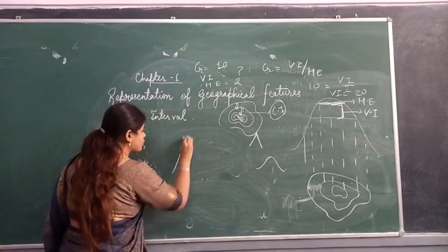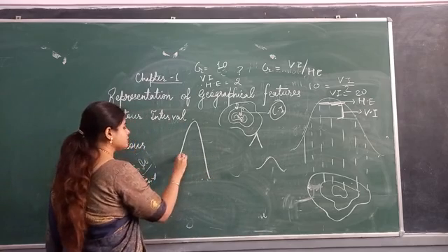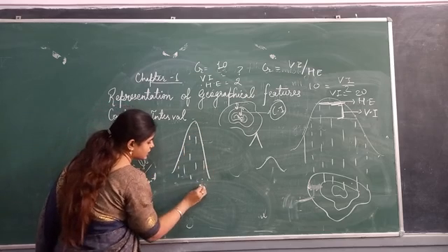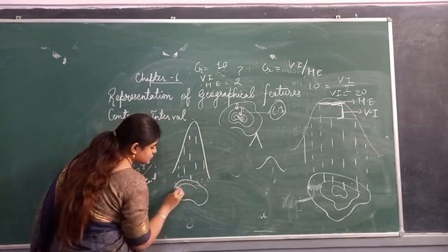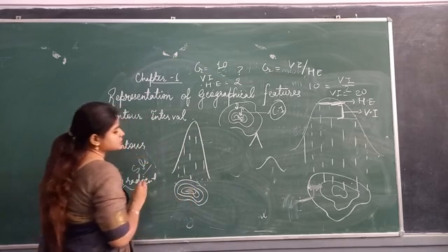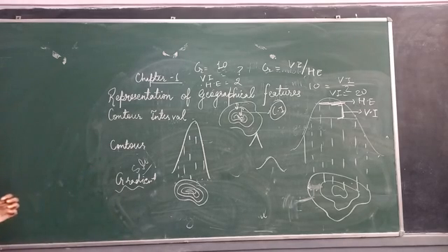Conical hill is a cone-like hill. When we construct its contour lines, they are very close to each other.